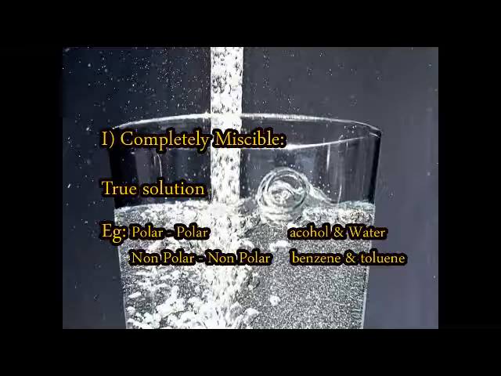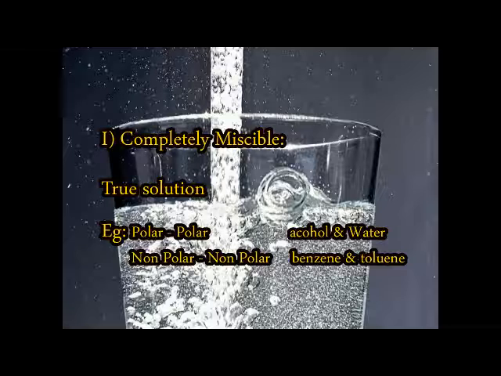When two liquids can mix, yes, suppose both of the liquids are of the same nature, I mean both the liquids are polar in nature, means they can be miscible. Likewise, both non-polar means they also can be miscible.